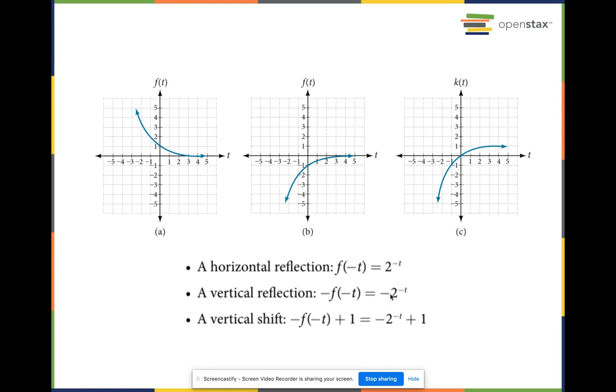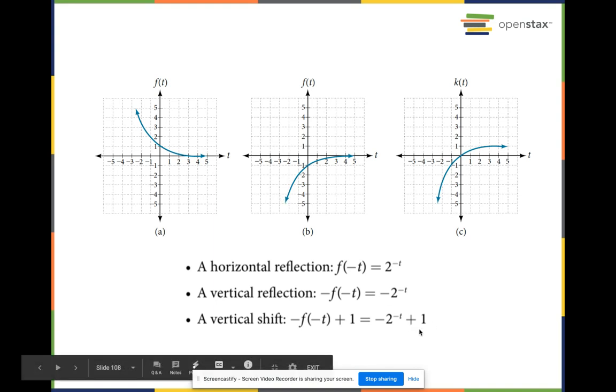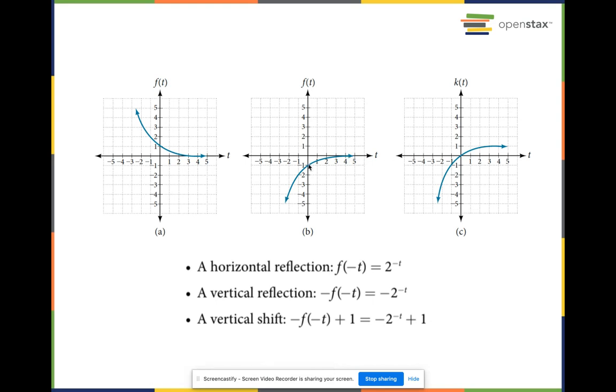And lastly, we're going to shift it vertically up, right? So vertical shift up, the place that is crossing the y-axis, our y-intercept, used to be -1, right? And so it shifts up 1 to become 0, the origin. Okay, so we did first a horizontal reflection, then a vertical reflection, then a vertical shift.